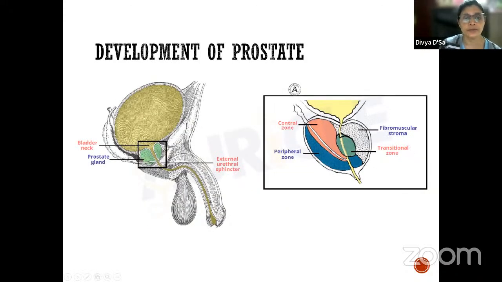So where is the location of the prostate gland? The prostate gland is located near the neck of the bladder, where it encloses the urethra.